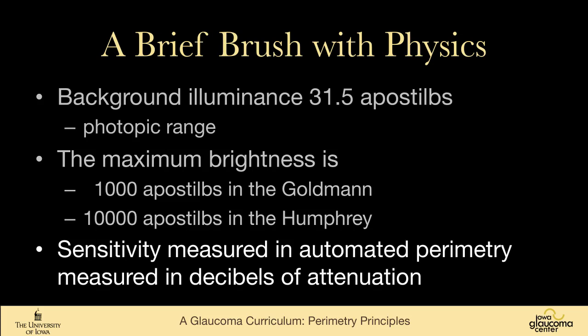And then in automated perimetry, as I already said, the sensitivity is measured in decibels of attenuation. So if you can turn the light down by 3.4 log units or 34 decibels, that's a point that's much more sensitive than one where you turn it down by only 15 decibels. So the higher the number, the more sensitive the point.